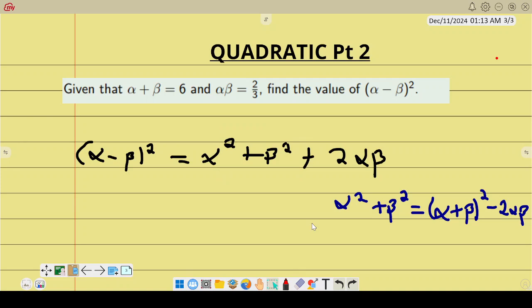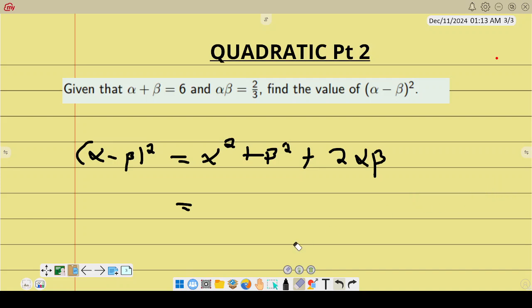So we can do that. These guys are stubborn. So where there is alpha squared plus beta squared, we're putting alpha plus beta squared minus 2 alpha beta.